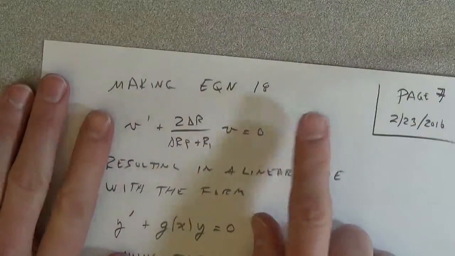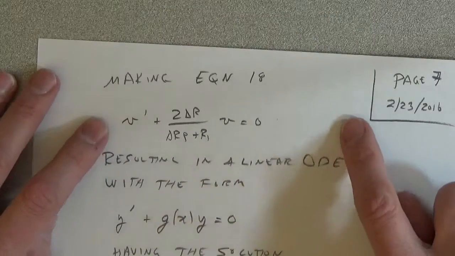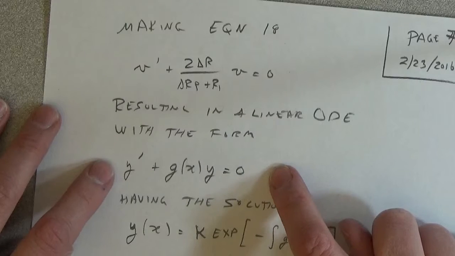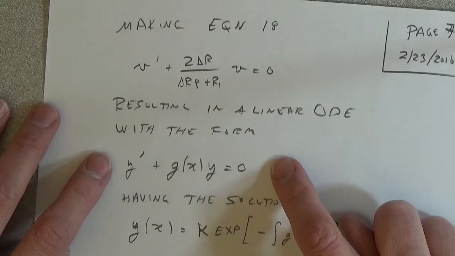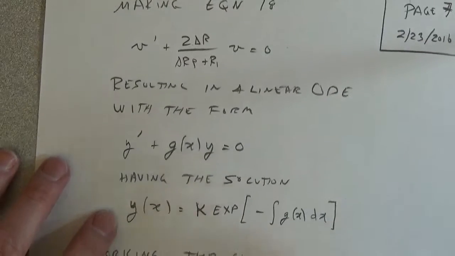is this. And this is a linear ordinary differential equation, and it has a functional form similar to this. This is from an undergrad textbook, something that gets covered within the first month of ordinary differential equations. This type of problem has a solution that looks like this.